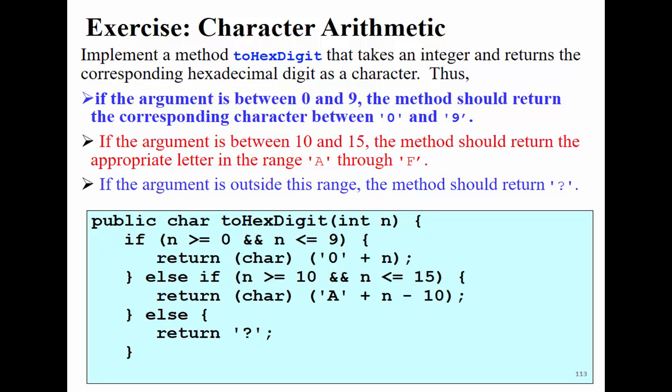So in this method, we implement the integer to hex conversion, okay, which is the hex representation for computers. What's the purpose of returning 0 plus n? Because we have to return a character. We cannot return integers.